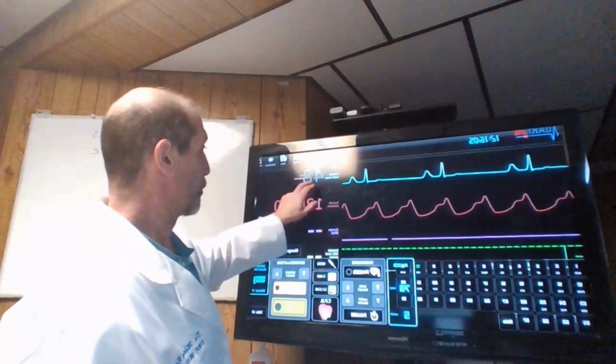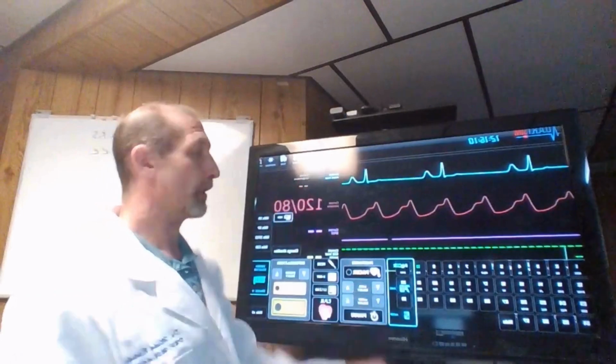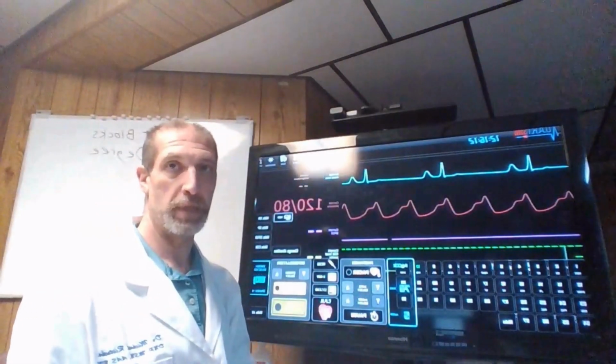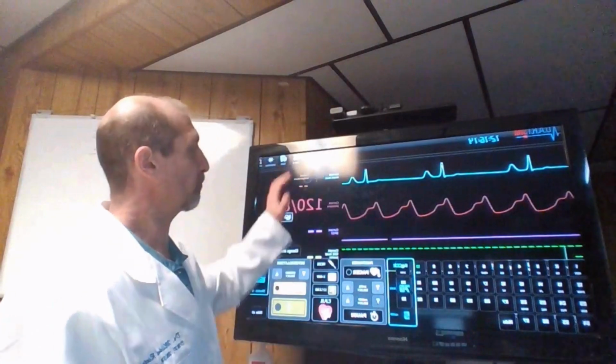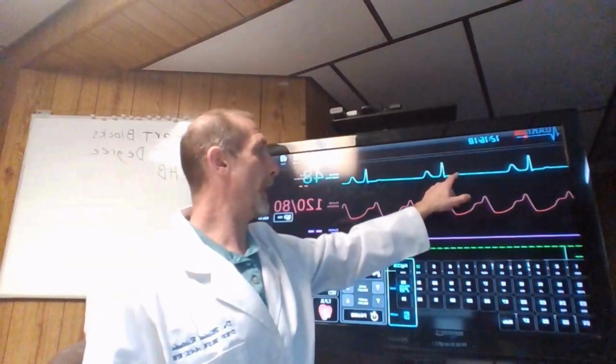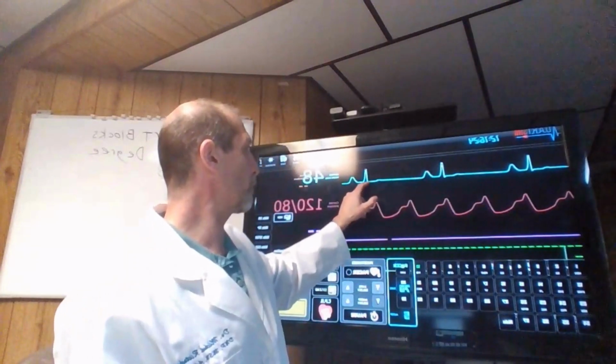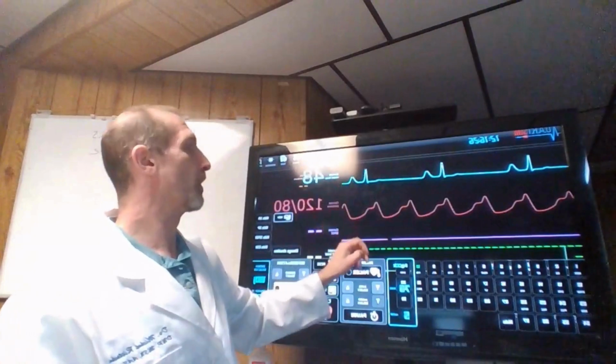Okay, so right now our monitor is telling us our heart rate is 48 beats per minute. We have a P wave. We have a Q, R, S, and T wave for every single P wave that we have.